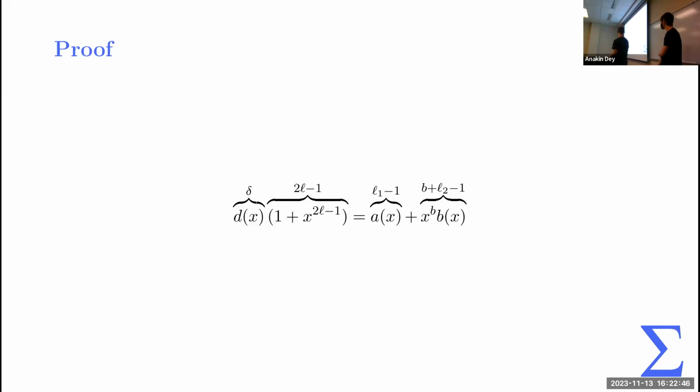Okay, so this is after we divided, so we have this, right? And we divided it by this and define that to be d, so we can kind of just rearrange it to be this. And then we have delta to be the degree of d. These are all the degrees of each of these parts here. So we know the degree of this is this, and like the degree of a of x has to be that by our definition of a, because it's a length of L1.